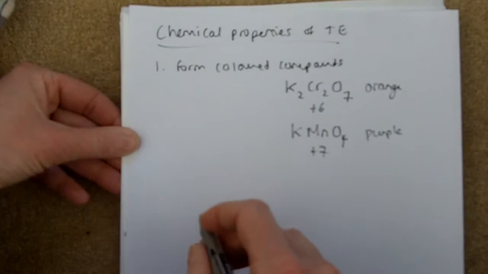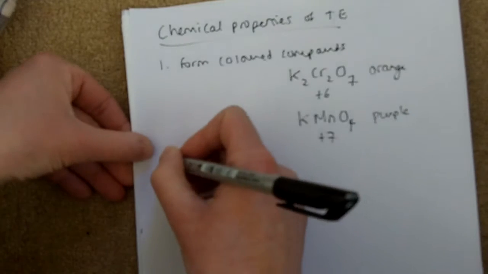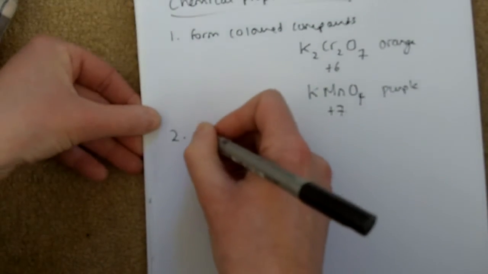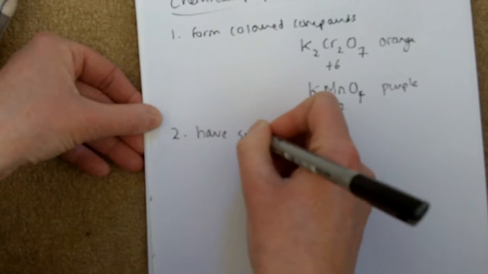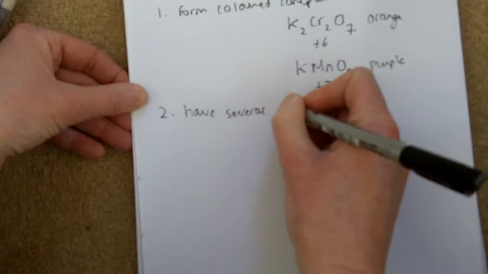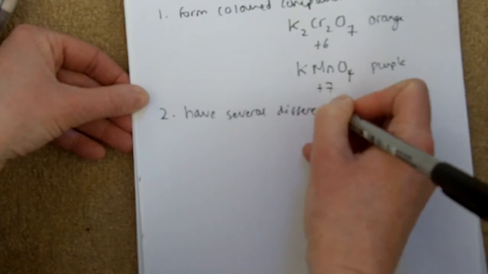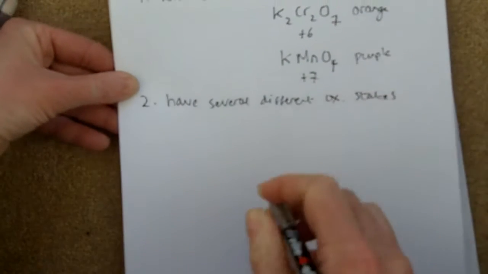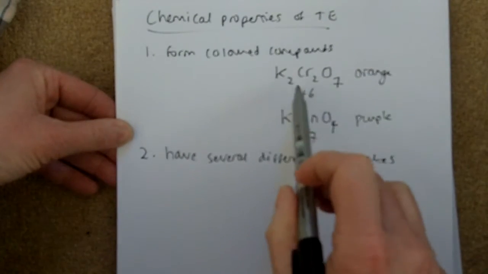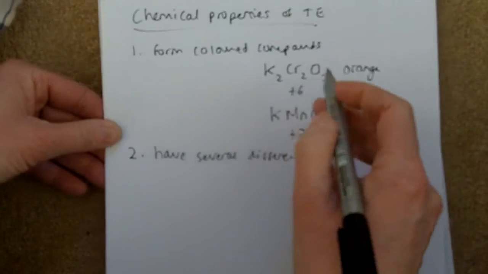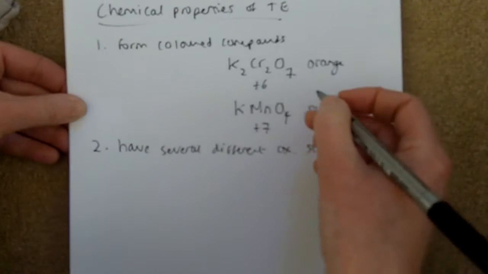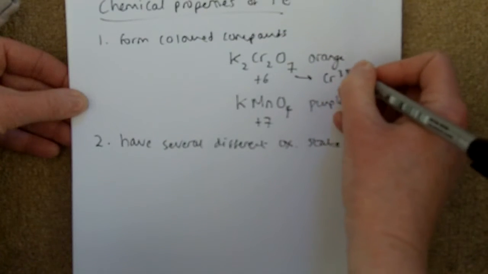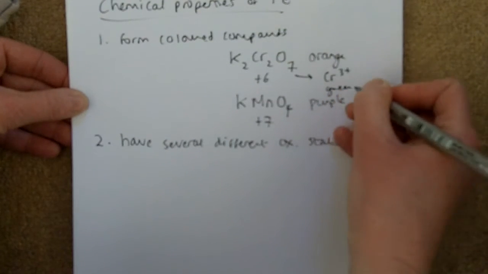Another chemical property is that transition elements have several different oxidation states. A good example here is +6 and +7, but chromium in the oxidation of an alcohol, chromium 6+ becomes chromium 3+, which is a green colour.